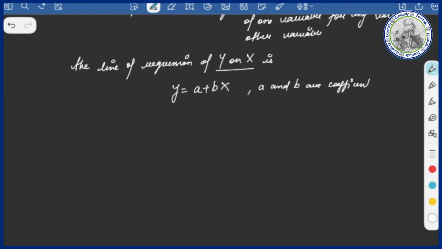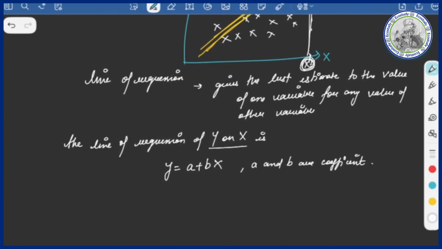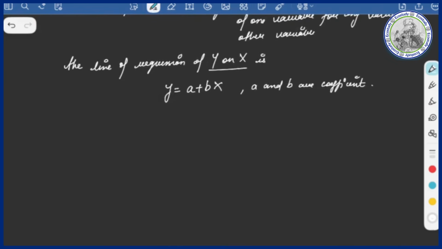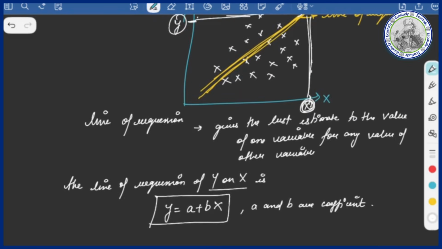The problem is to determine the equation of that line, that is, we have to determine the values of a and b in such a way that this line is the best fit line.